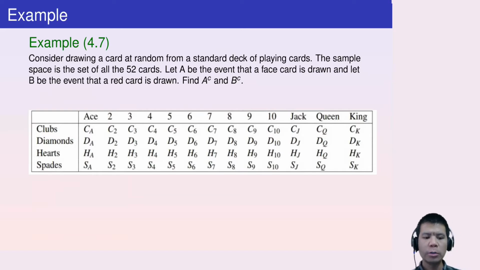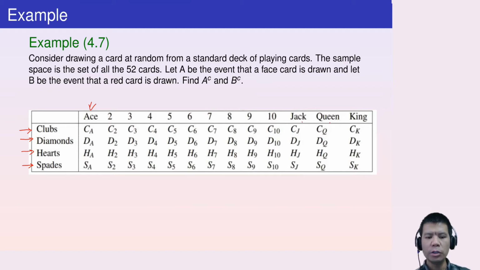Now for this one, here is a table of all the outcomes of this experiment. In a standard deck of playing cards, there are 4 suits: clubs, diamonds, hearts, and spades. Now in each suit, we have these different card values: ace, 2 through 10, and jack, queen, and king.